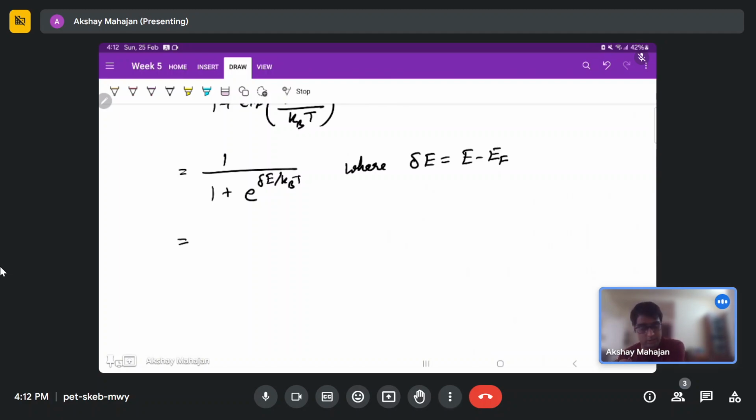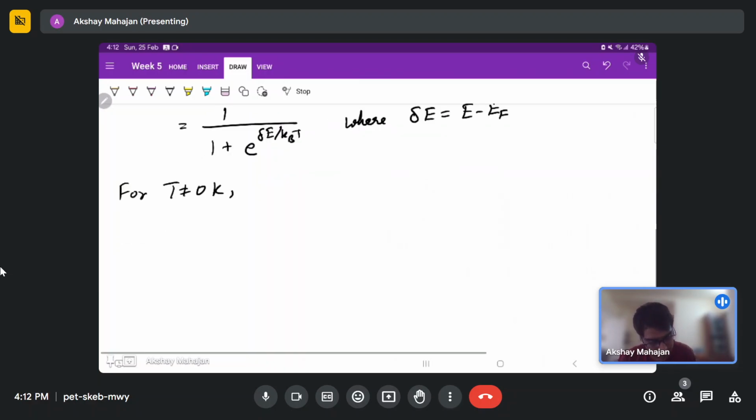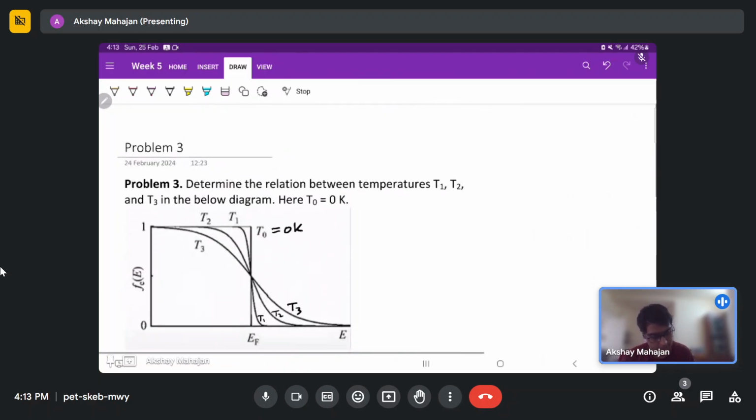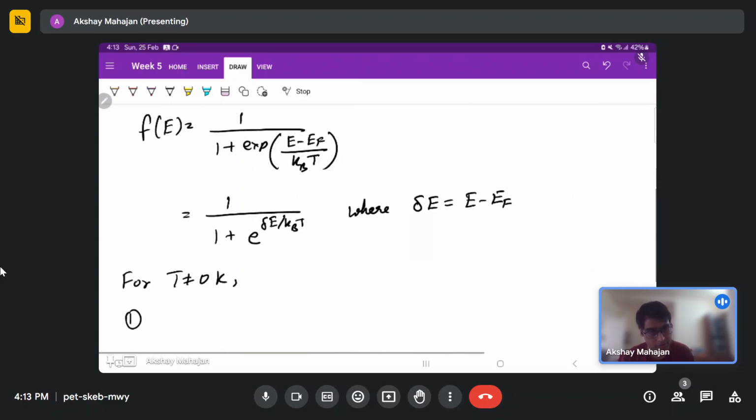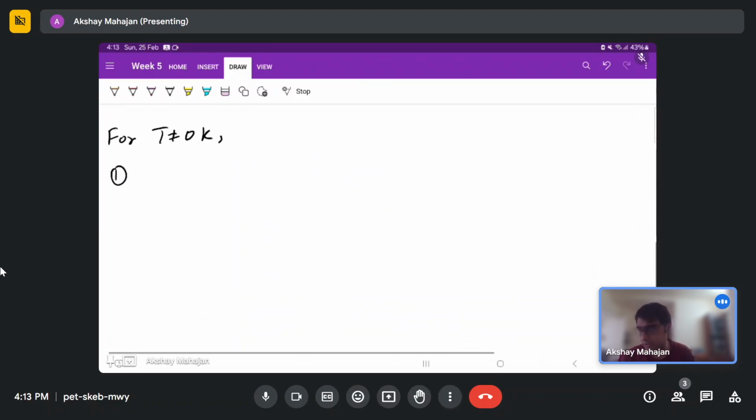So this is our Fermi distribution. Now for T not equal to 0 Kelvin, because for T equal to 0 we already know what it is, and now we have some non-zero temperatures, we have this Fermi-Dirac distribution.